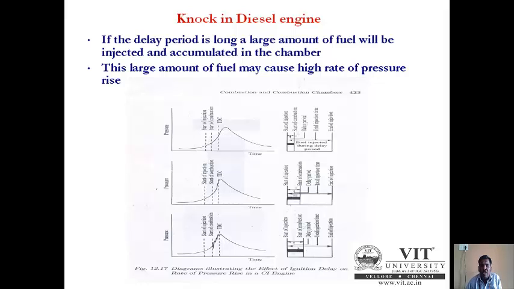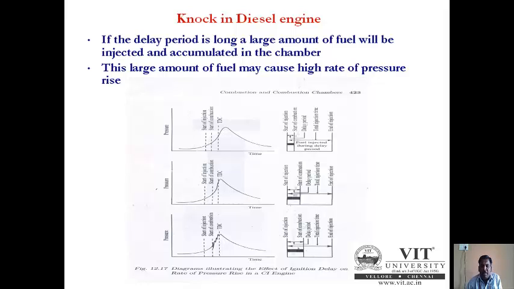Look at the first one and look at the duration between the starting of the injection and the starting of the combustion process. Just for example, if the delay period is around 5 seconds, within 5 seconds around 5 grams of diesel is injected. When these 5 grams of diesel are burned simultaneously after the delay period, it creates a little bit of pressure.